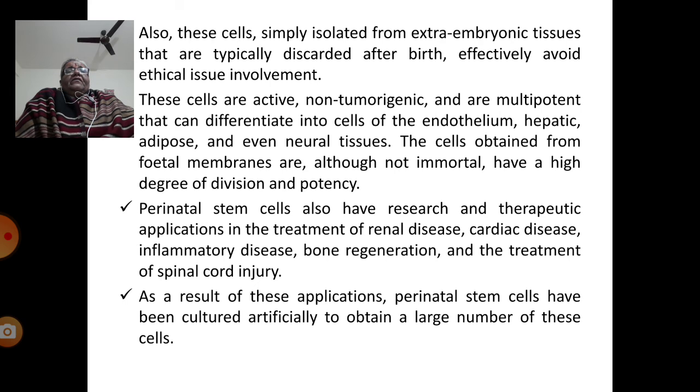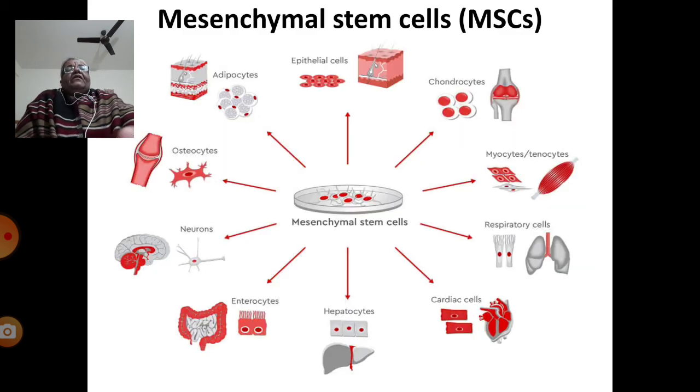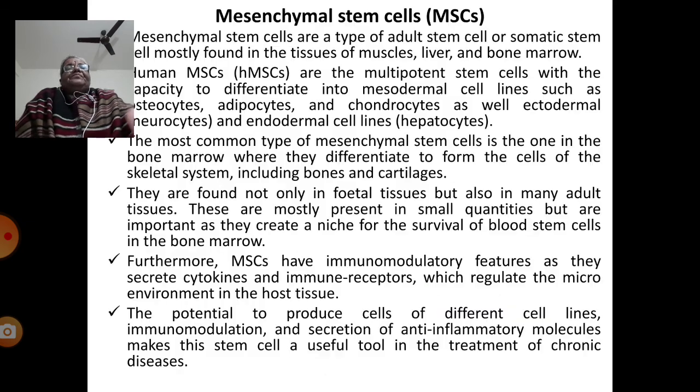Because of these valid applications, they are cultured artificially to obtain a large number of cells. Then another type of stem cells happens to be mesenchymal stem cells. This is the schematic representation.